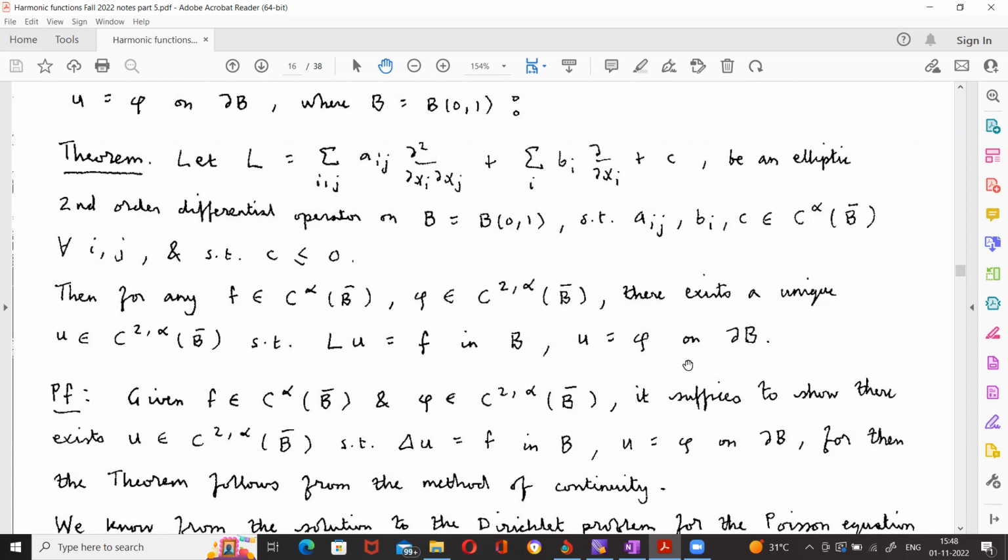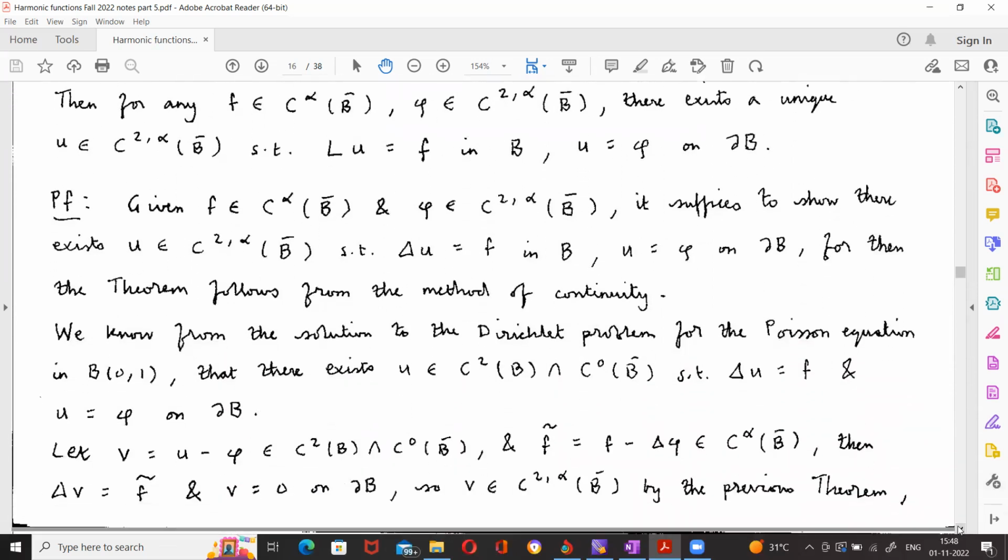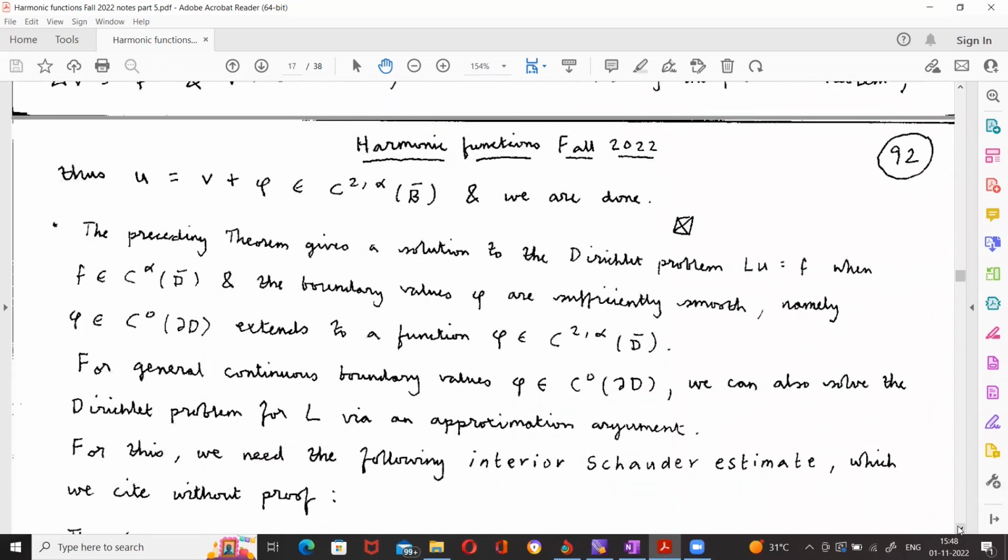So far, we've been looking at good boundary values, boundary values of functions which are C2 alpha inside, so there's some regularity on the boundary value. But the last step is to go to arbitrary boundary values, which are just continuous functions on the boundary. And that we will do by an approximation argument.